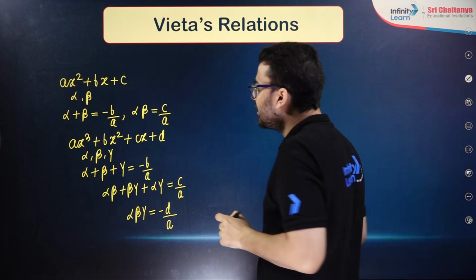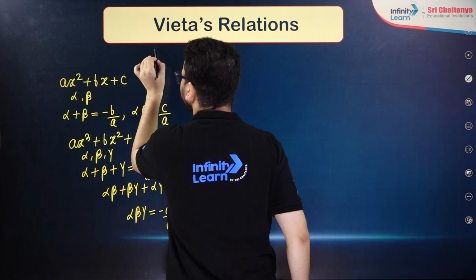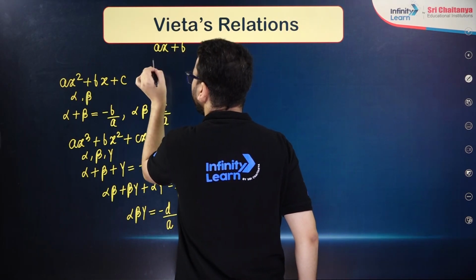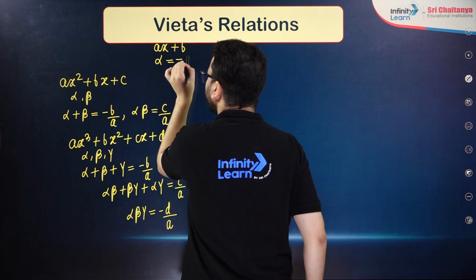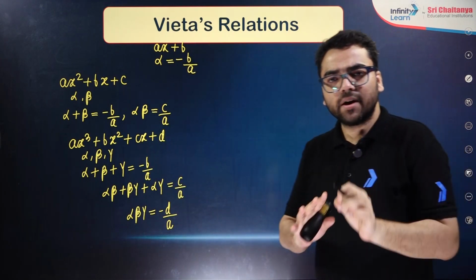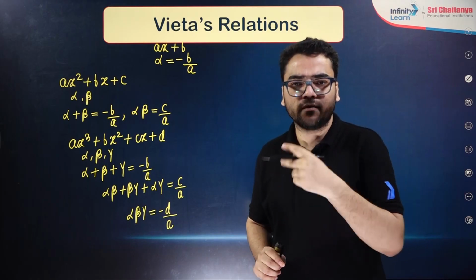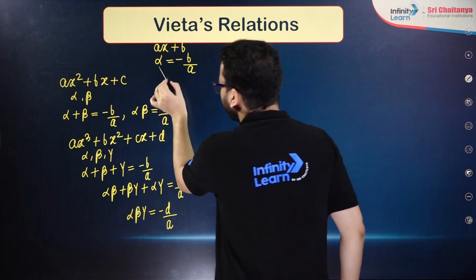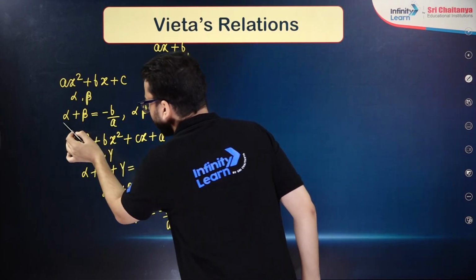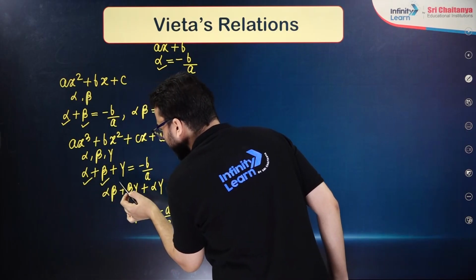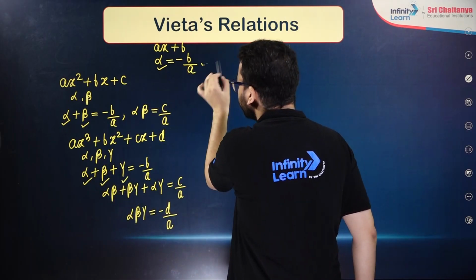I forgot to take the linear polynomial as well. If you take the linear polynomial ax plus b, it will have only one zero alpha, that is minus b by a. Now, whatever may be the degree of the polynomial, whether 1, 2, 3, 4, any degree, if you take one zero at one time and add them, it is every time minus b by a.